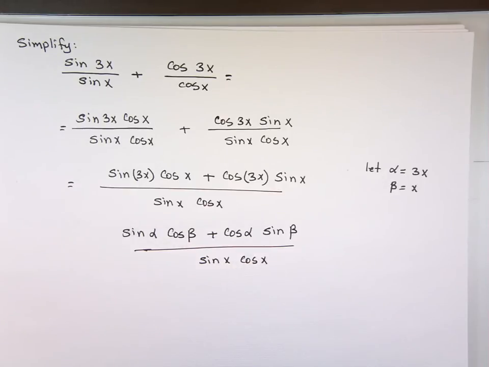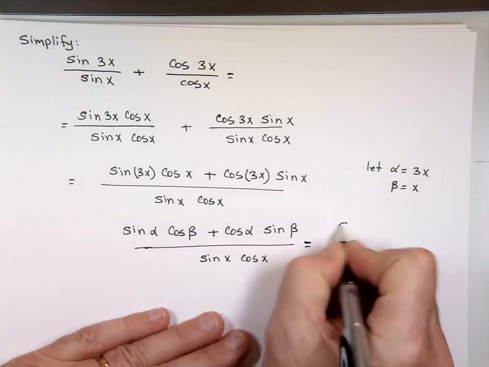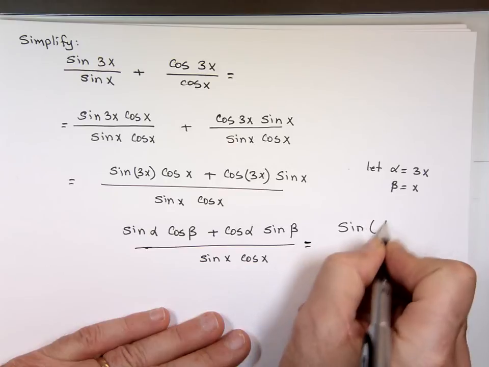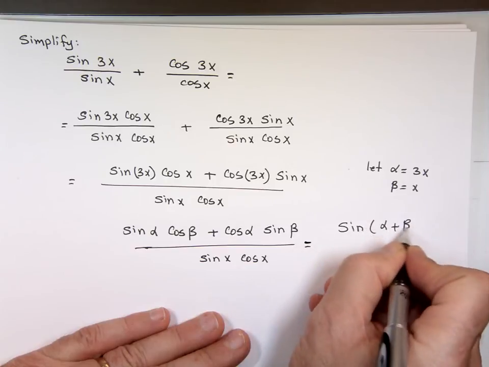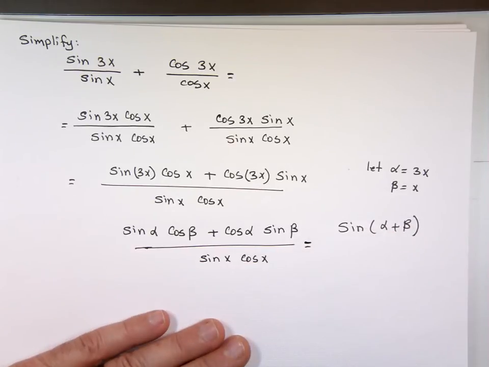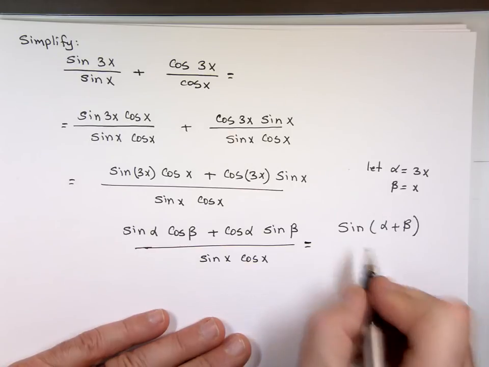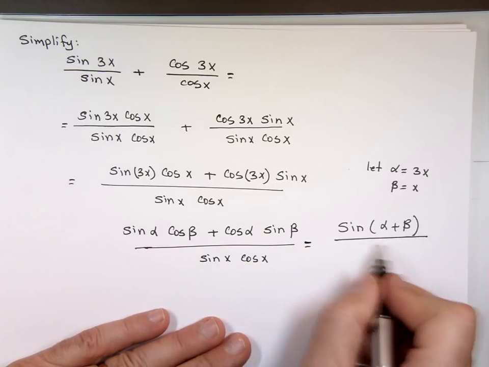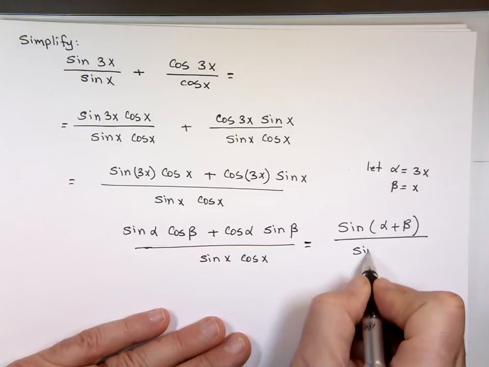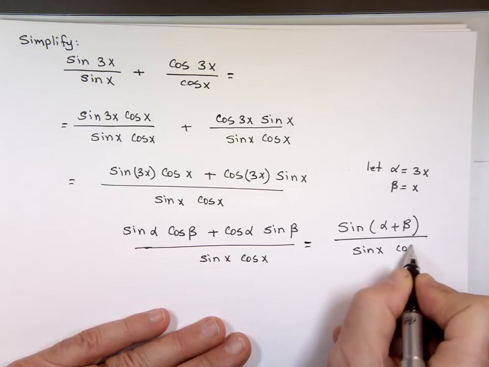Now, which trig identity is that? Sine alpha cosine beta plus cosine alpha sine beta. Wasn't that sine of alpha plus beta? So if I use that, what's alpha plus beta?